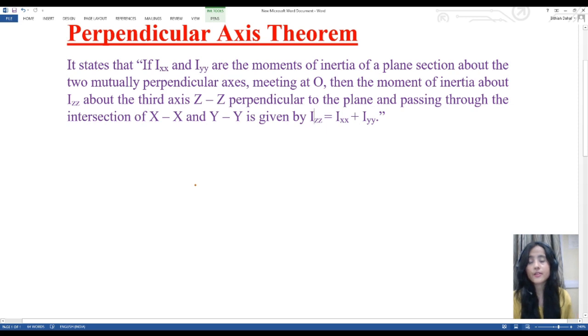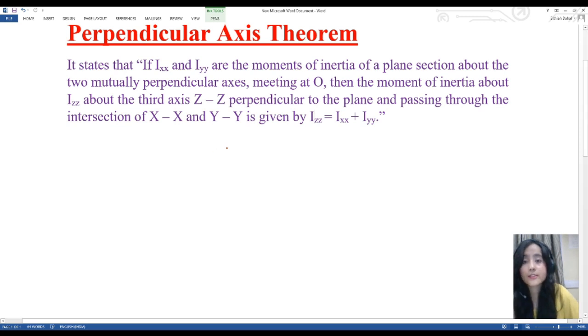It states that if Ixx and Iyy are the moments of inertia of a plane section about two mutually perpendicular axes meeting at O, then the moment of inertia about Izz, about the third axis zz perpendicular to the plane and passing through the intersection of xx and yy, is given by Izz equals Ixx plus Iyy. Again, this is a very simple explanation of the perpendicular axis theorem.